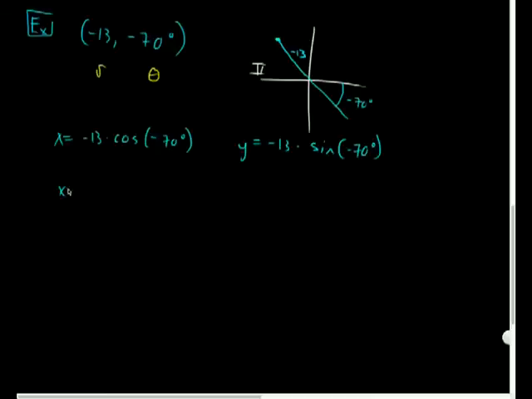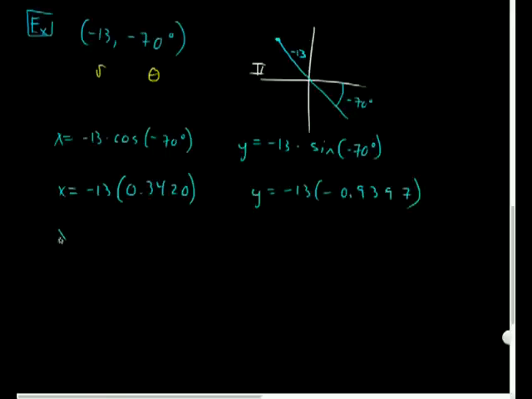I will get x equals negative 13 times 0.3420, a 4 decimal approximation is probably good, and y equals negative 13 times the sine of negative 70, which will be negative 0.9397, right?